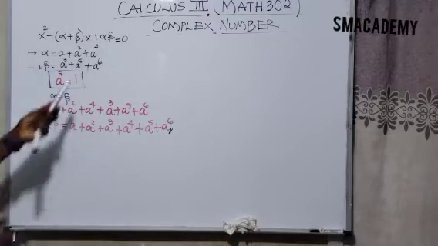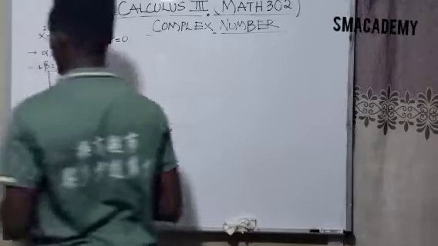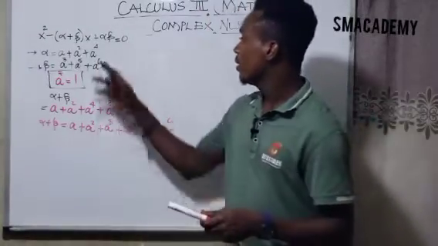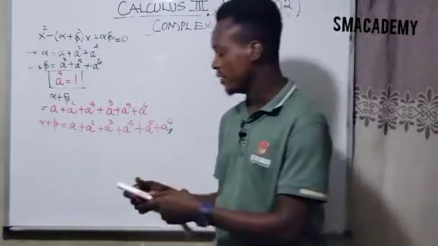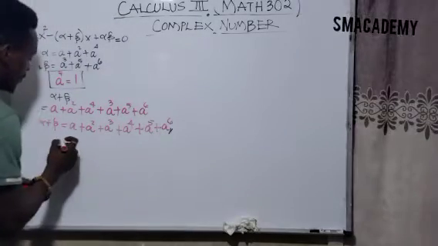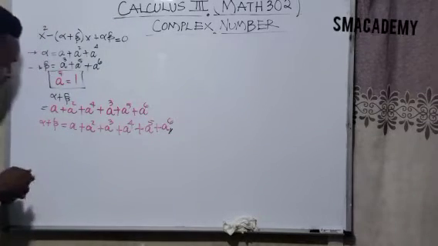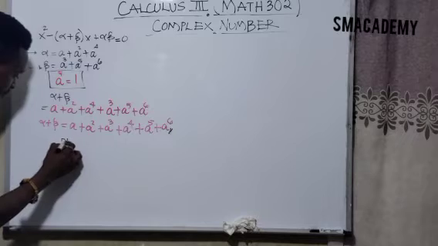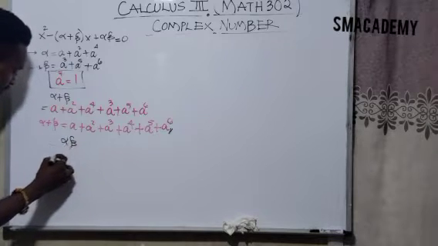So now we move to the product. We find the product by multiplying the value of alpha by beta.